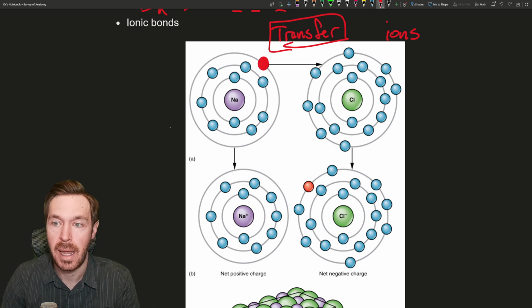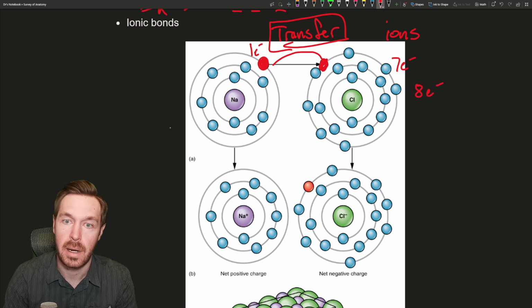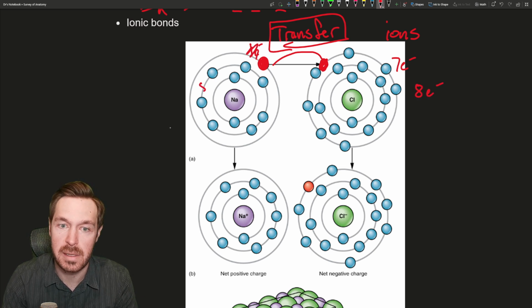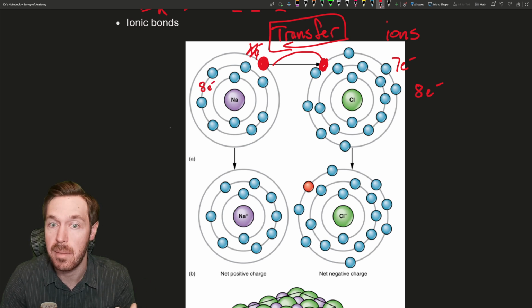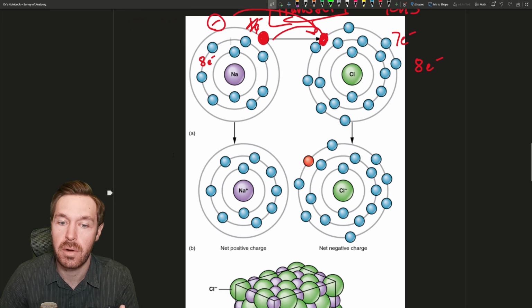Chlorine has 7 electrons in that outer shell. Chlorine wants 1 more. So what happens here is that the electron from sodium is given and transferred to chlorine. Then chlorine has 8 electrons, and sodium has none in its outer shell, but then it has 8 electrons in the next shell down. So it's stable then. However, now we moved a negative charge over to a different atom. So now the charge is going to change.